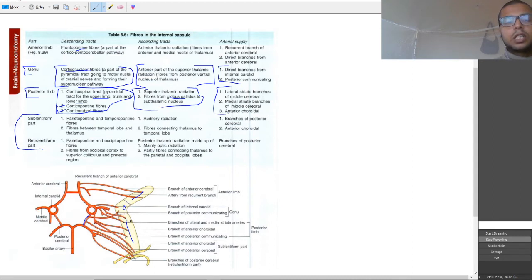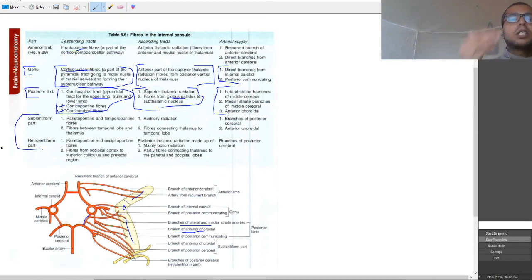This is the posterior limb, and you can see the lateral and medial striate branches. Lateral striate and medial striate branches of the middle cerebral artery, and also the anterior choroidal artery is supplying here. You can see this is a branch of the anterior choroidal artery. So this is about the posterior limb.